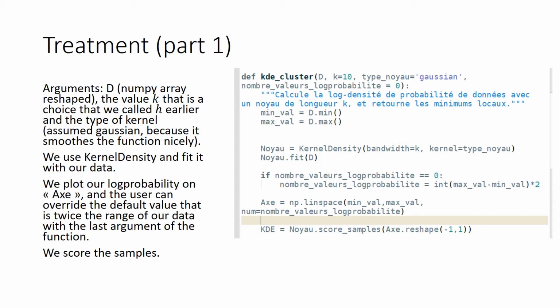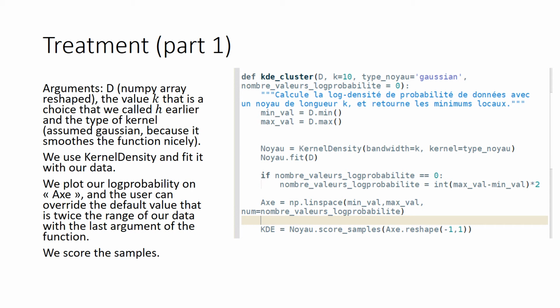We can also choose the number of values at which we plot the log probability. The value given by the author of the original algorithm was the integer of double the range of the values.